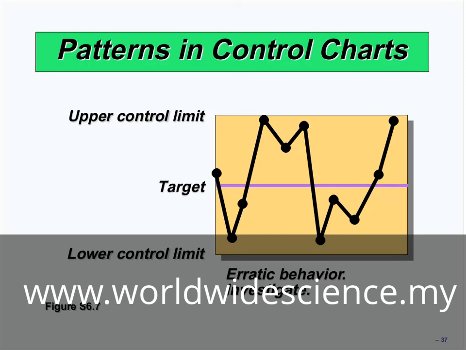And also when you face this pattern, yes, exactly. When most of the points are above the target or most of the points are below the target, we should investigate the process. Exactly, very good.